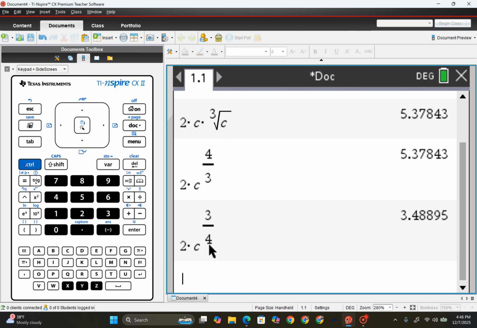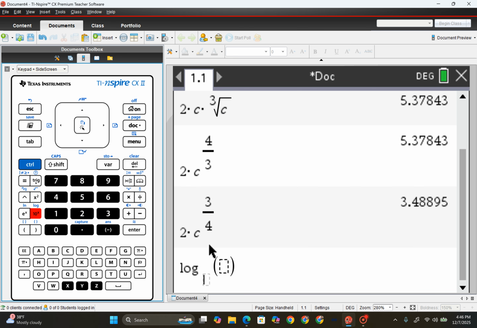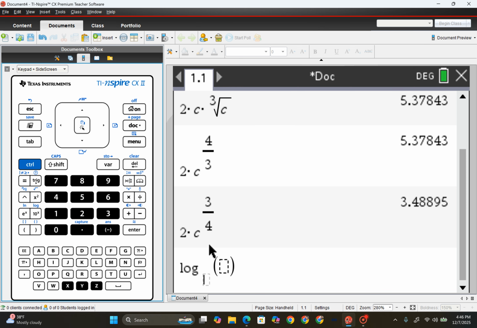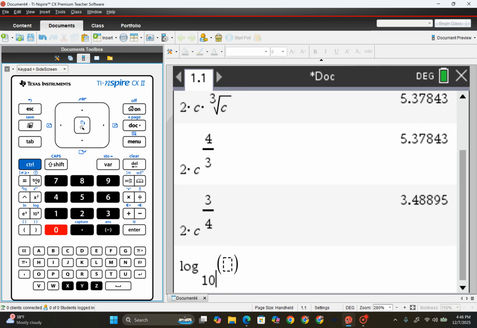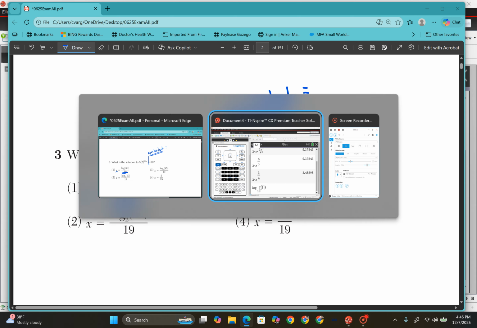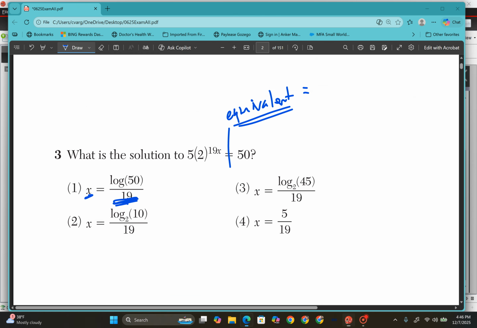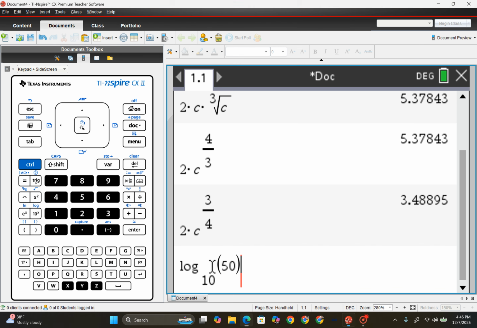So let's do that. Let's go back to this and let's type this in. So it says log. So log is control and then that button, the 10 to the x. So we have log and it says log of 50. Now, if there's no number on the bottom, you always just put a 10 when it comes to logs. Okay, that is a given. So log of 50. And then you see how it has over 19.